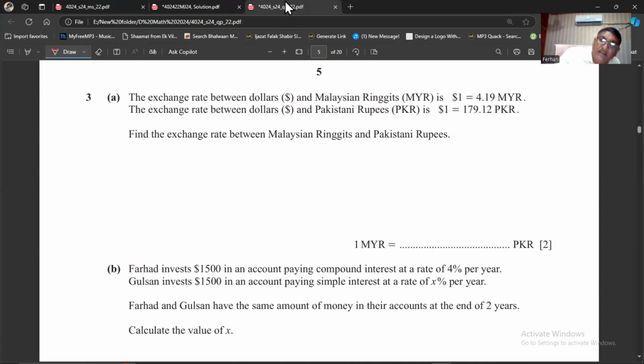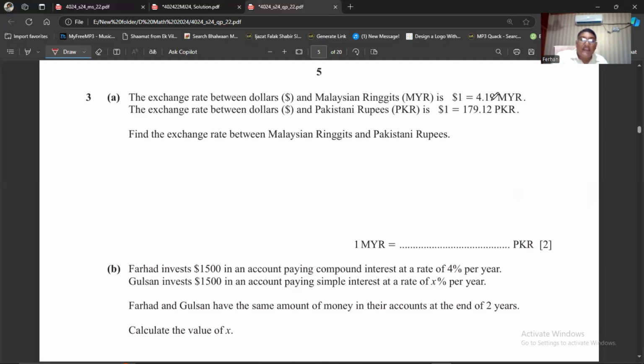So here 4.19 Malaysian ringgit is equals to $1, and 179.12 PKR is equals to $1. Because both these are equals to $1, they are equals to each other also. So that means 4.19 Malaysian ringgit is equals to 179.12 PKR.